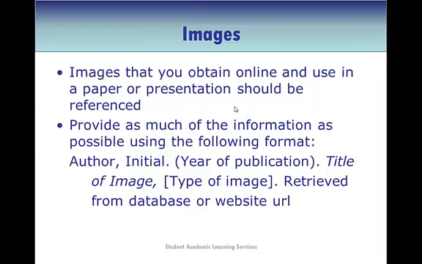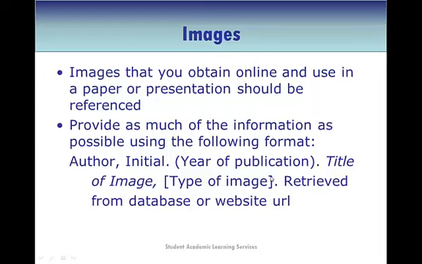So the format, which you'll see in the APA guide as well, is basically that you're always looking for an author. Sometimes that's not possible when you're looking at images. You don't know who created the image. A year, sometimes that information is missing as well. But for sure what you can do is either have the title of the image or a description of the image, and also the type of image.